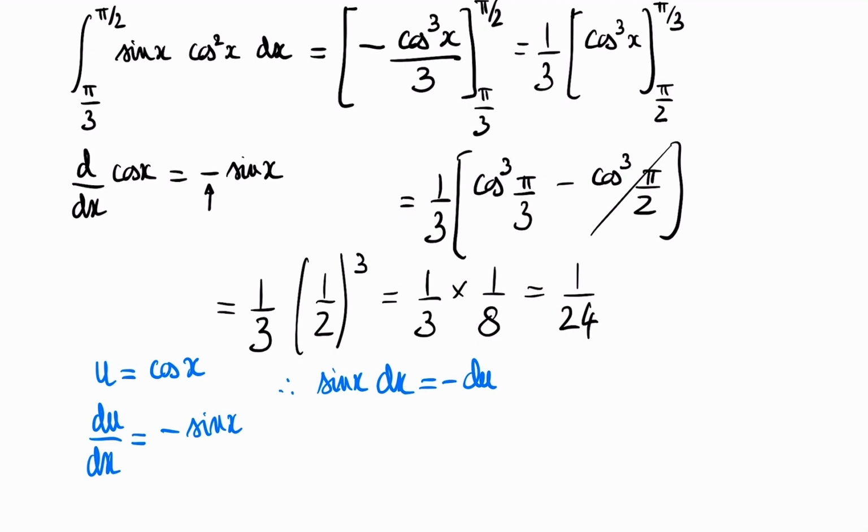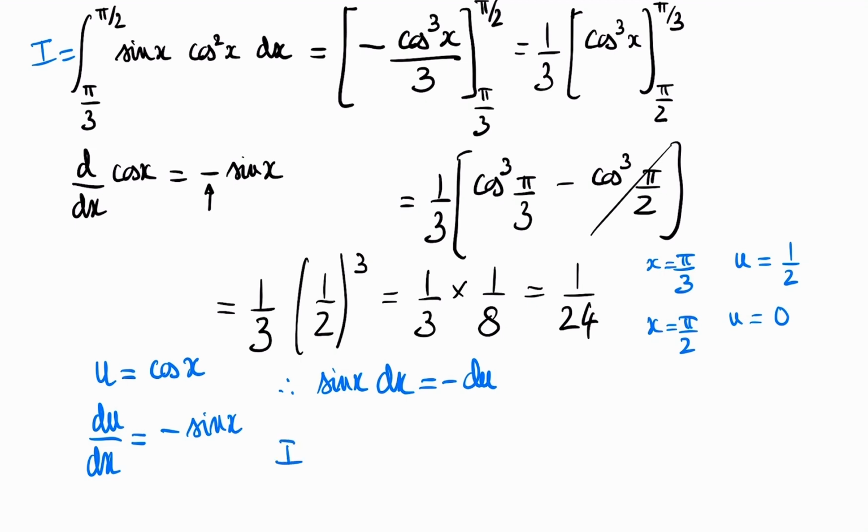We also need to change the boundaries of integration. When x equals pi on 3, u equals 1/2, and when x equals pi on 2, u equals 0.